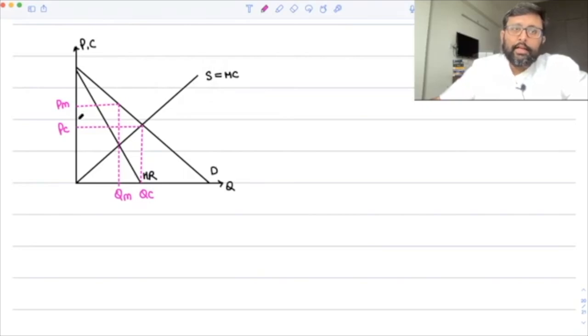Now, in case society is going to shift from having a monopoly to a competitive firm, then earlier the consumer surplus was this much. In case of monopoly, this was the consumer surplus. Now, the consumer surplus is going to be this much.